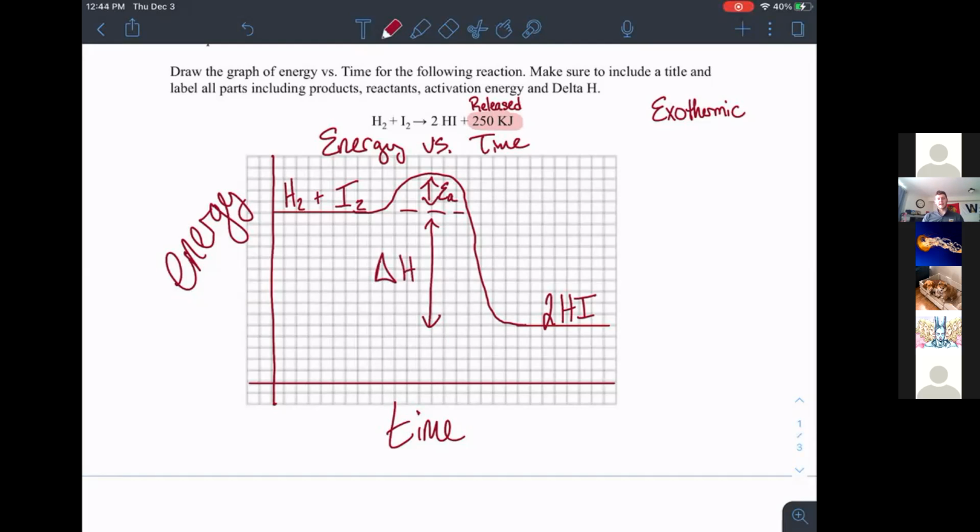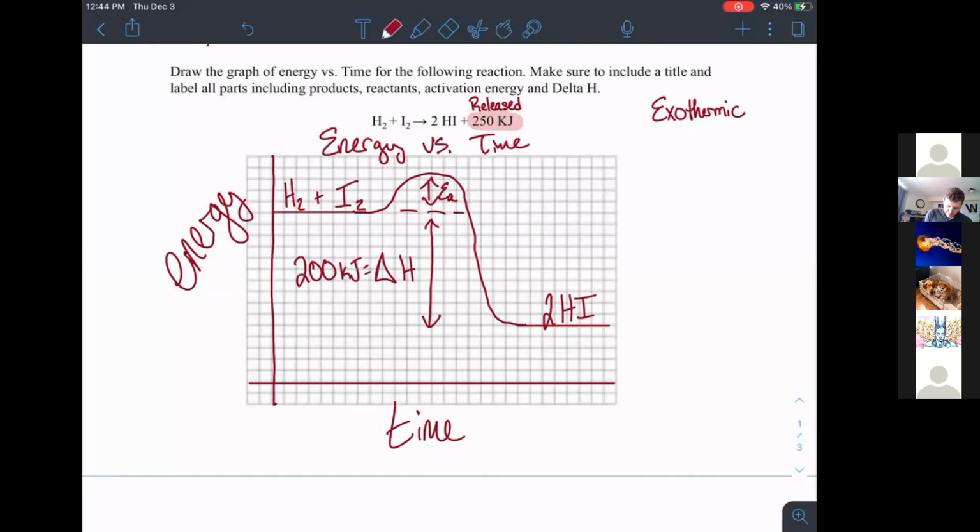And what does our delta H equal on this one? 200 kilojoules. All right. And it's an exothermic reaction, so does that change the sign? Do we have a positive or negative 200 kilojoules?